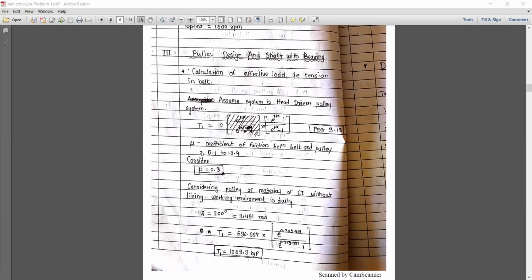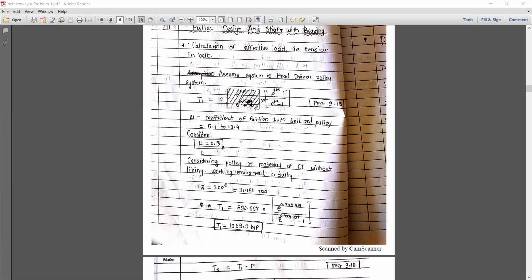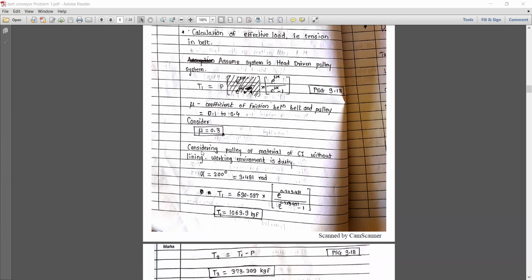Here mu is the coefficient of friction between belt and pulley. It could be between 0.1 to 0.4. We are considering a generalized 0.3, by considering a pulley material of cast iron without lining, and the working environment is a dusty environment.